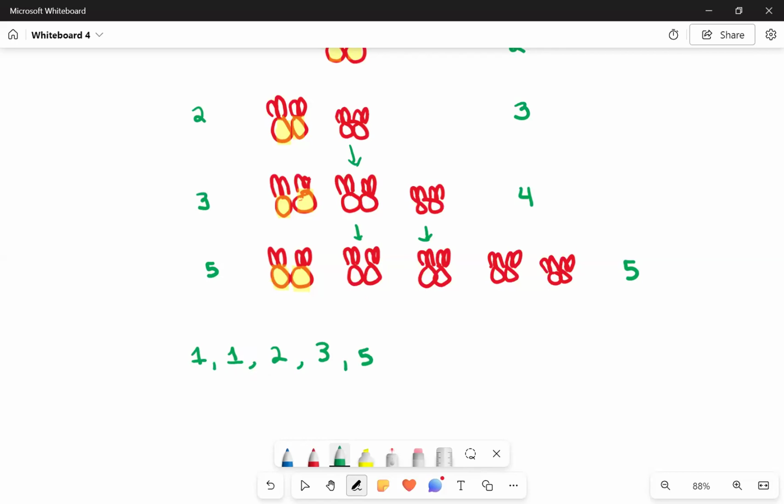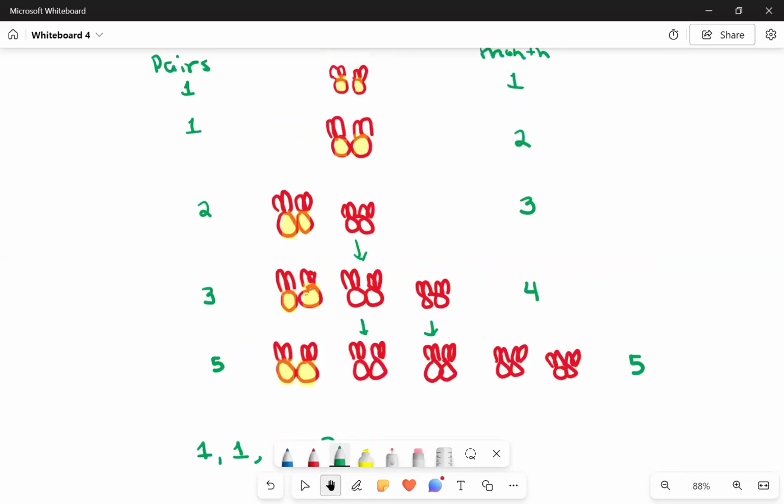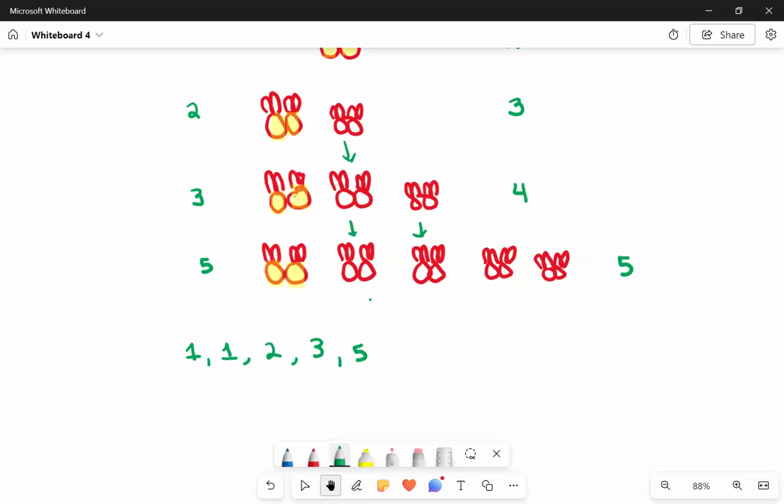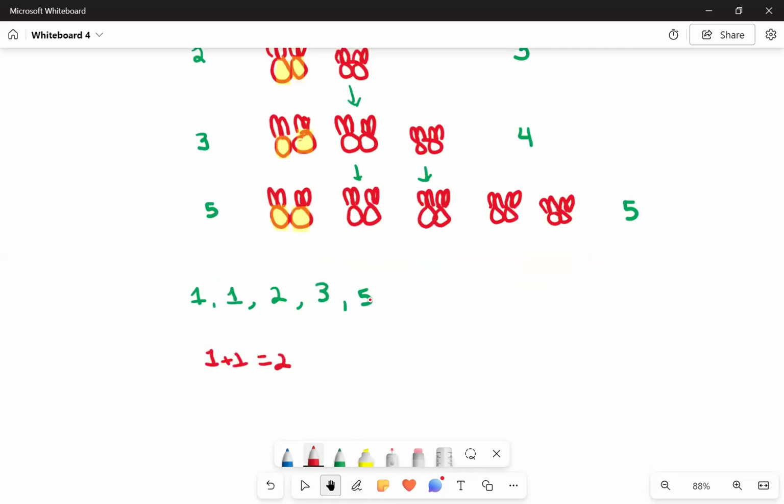And I'm going to write down what I just said. So I started with 1, 1, 2, 3, 5, and I'm writing that down, 1, 1, 2, 3, 5. And what I'm noticing is if I add 1 plus 1, I get 2. And then if I add the second and third numbers, that would be 1 and 2, I get 3.